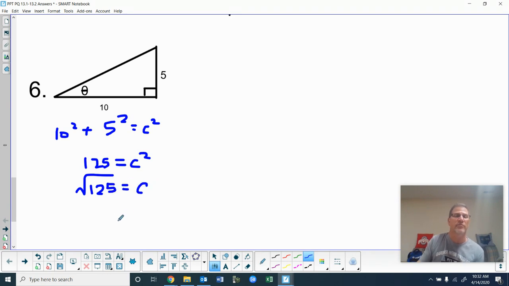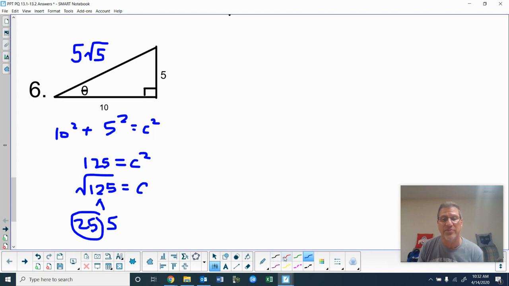Now, you should simplify that. You guys have done this before. Do your factor tree. It's 25 times 5. 25 is a perfect square, so we could write it as 5 for the square root of 25, and then the radical 5 is left. Now, what I also like to do here, since that's a 5, that's a 10, and there's a 5 there, 5 goes into all 3 of those.